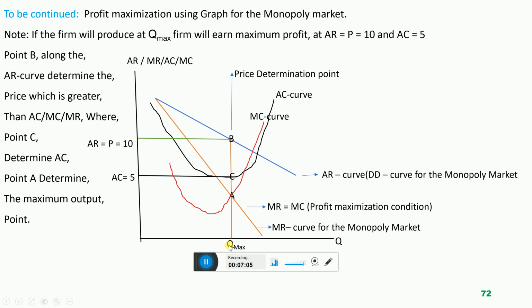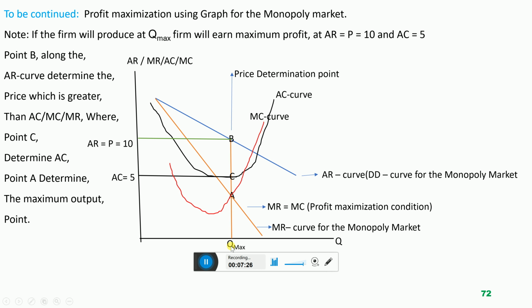At this point A, marginal revenue is equal to marginal cost, and this is the profit maximization condition. When the company is manufacturing the last unit, the marginal extra cost of the unit is 10, and the extra cost is equal to the extra revenue. So this is the maximum output level.